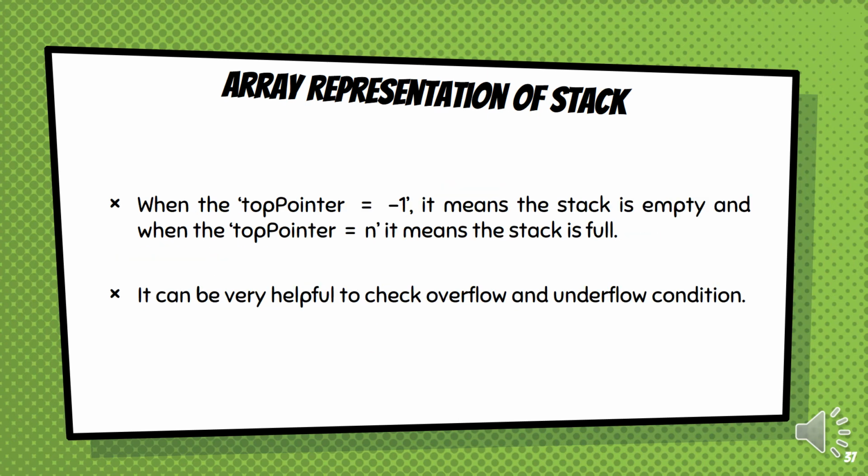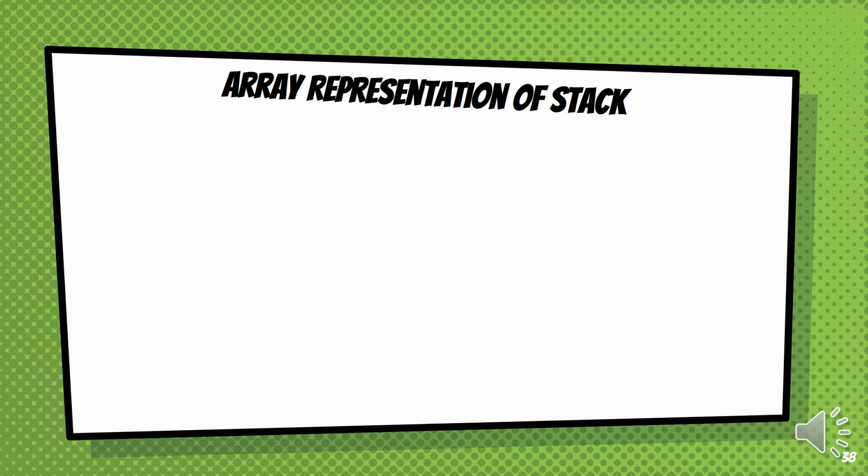When the top pointer is equal to -1, it means the stack is empty. And when the top pointer is equal to n, it means the stack is full. It can be very helpful to check overflow and underflow conditions. So here we can see the stack representation using an array.